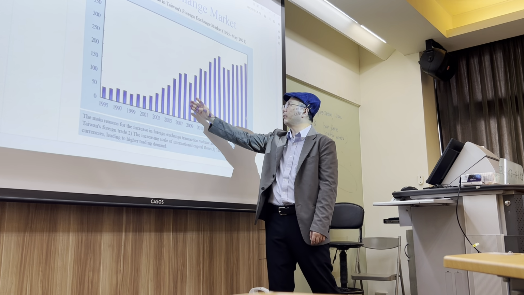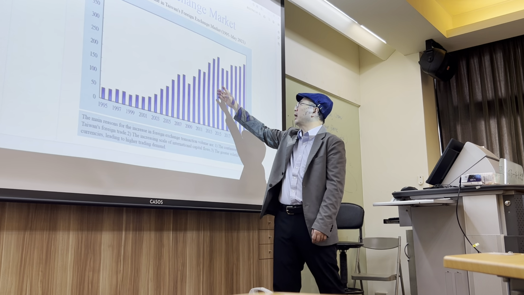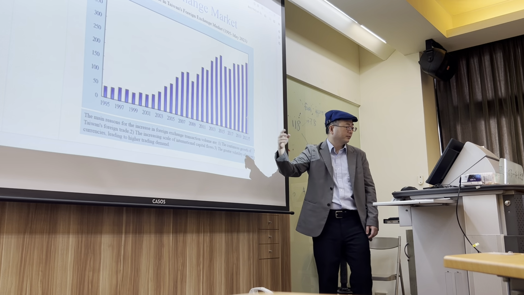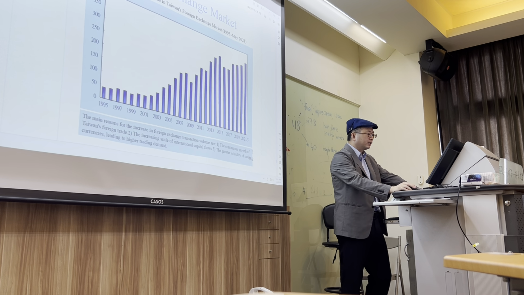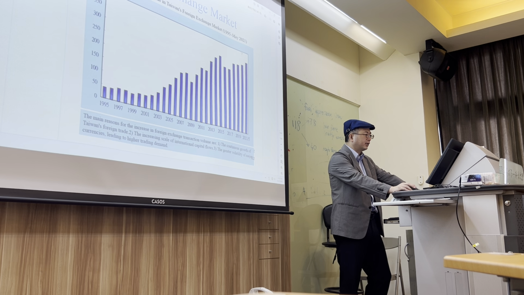The only time it stopped was during the financial crisis in 2008, and after that it keeps going up. This is consistent with Taiwan's effort to keep pushing its exports, and we can see on the news that whenever there is a slowdown in exports, the GDP can be adversely affected.